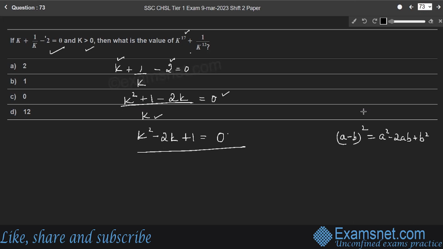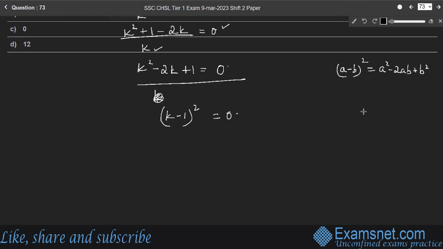Therefore, we can write k square minus 2k plus 1 as k minus 1 the whole square. If k minus 1 whole square is equal to 0, then k minus 1 is equal to 0. Therefore, the value of k is plus 1.